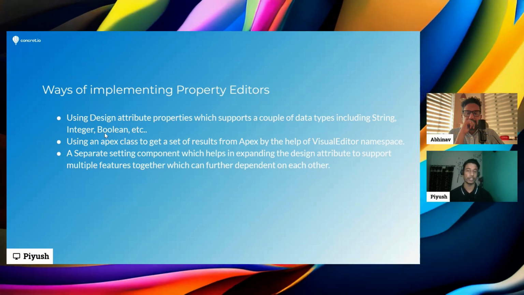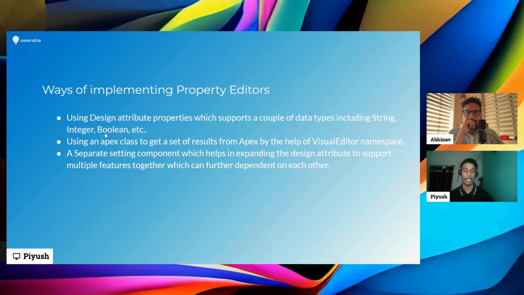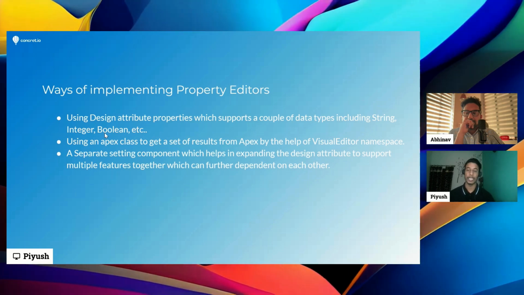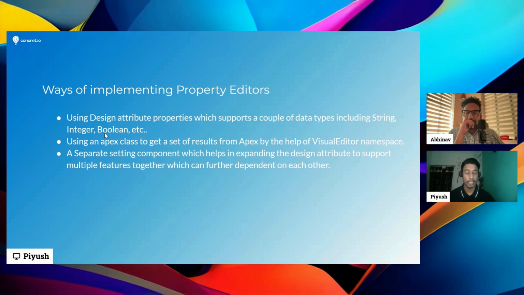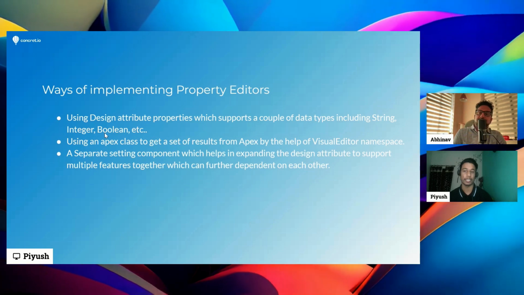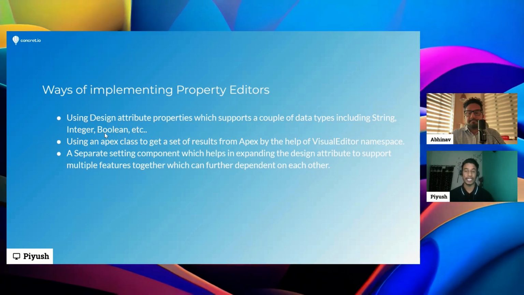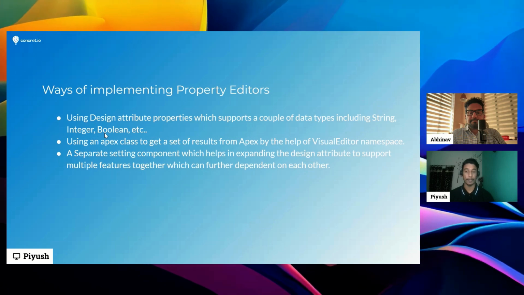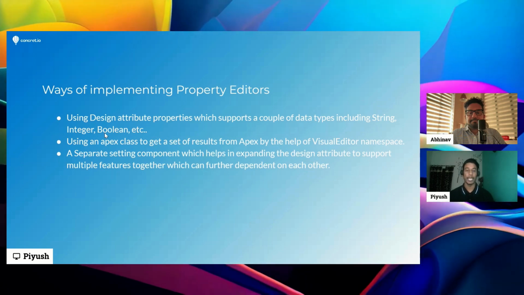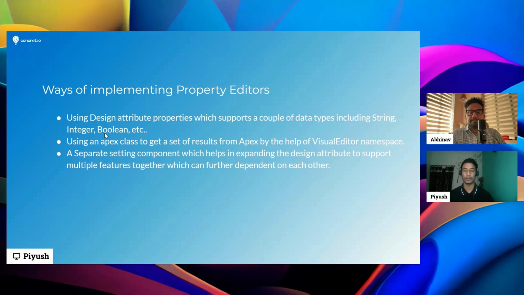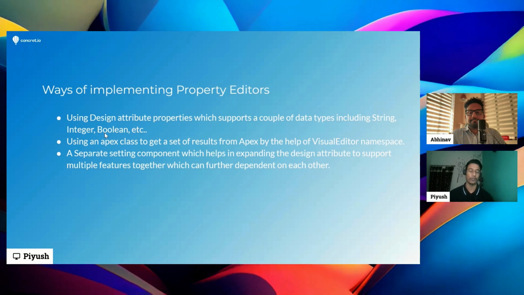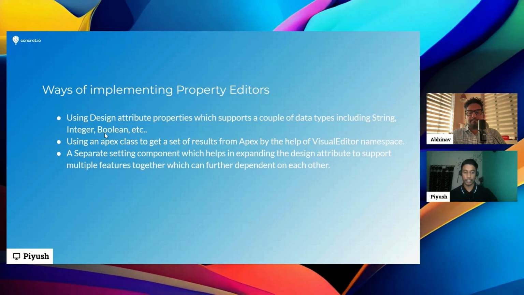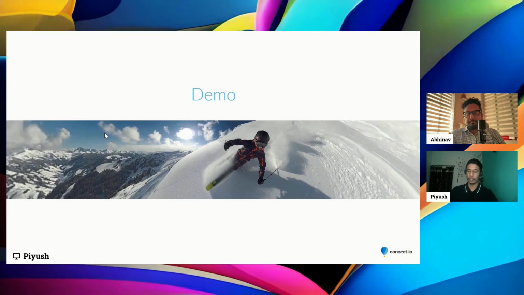But we have to make sure that whenever we use an Apex class, it should extend the properties from the visual editor namespace. The third thing, and the key point for the video, is a separate setting component for our main LWC component. That separate setting component will expand the design attribute to support multiple features together, which can further be dependent on each other. So without wasting further time, let's dive into the demo.